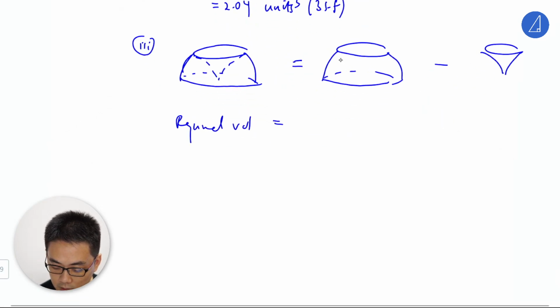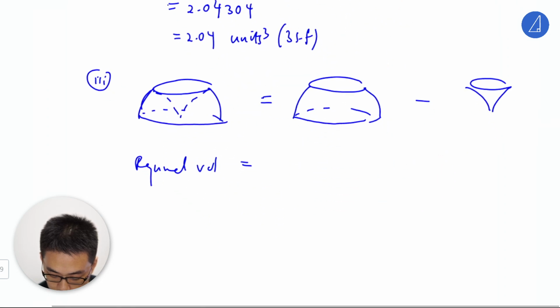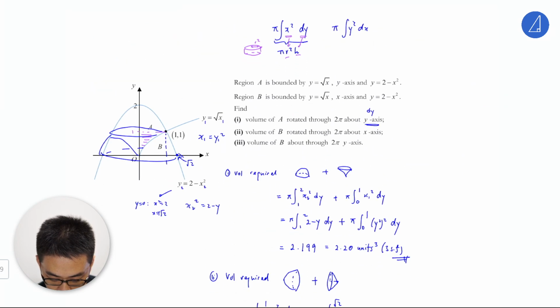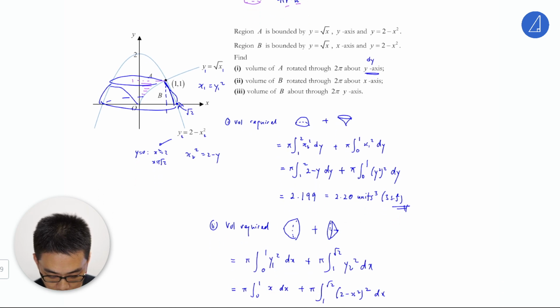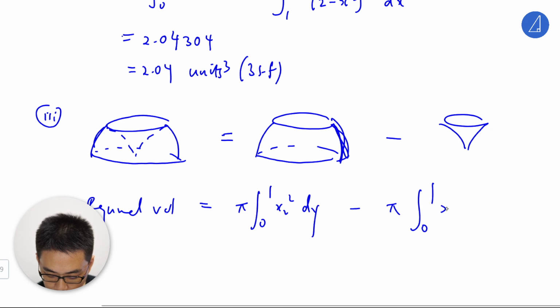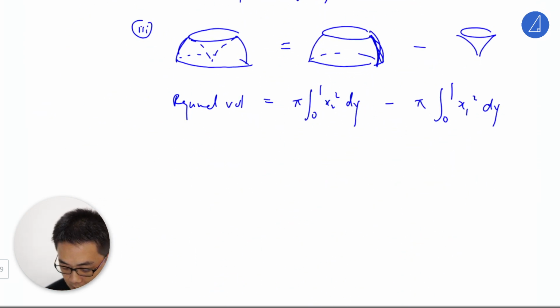You take this shape here, which is just from 0 to 1. So this is pi 0 to 1 dy. Then this is rotated about the y-axis, so it's x2 squared, the second equation. Then this is also 0 to 1, then definitely it's just the first equation. You need to minus it out.